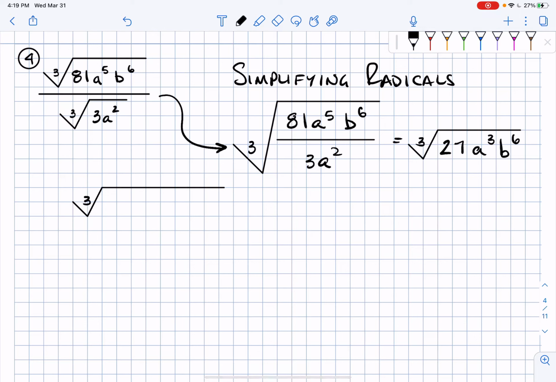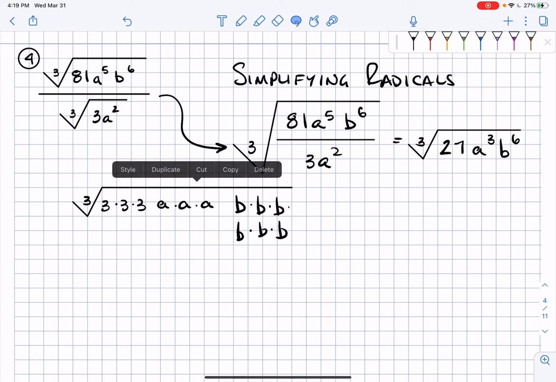Okay? So if I was to break that apart, what I have is the cube root of 3 times 3 times 3, that's 27, a times a times a, and then b times b times b, b times b times b.